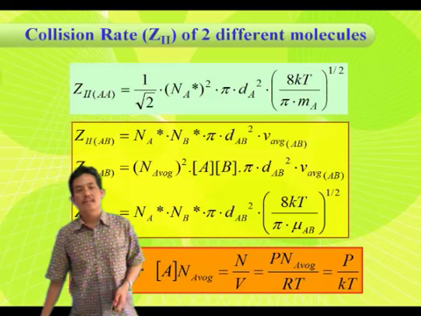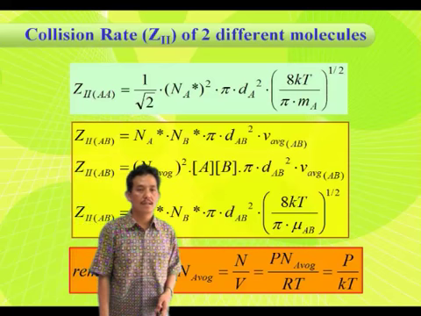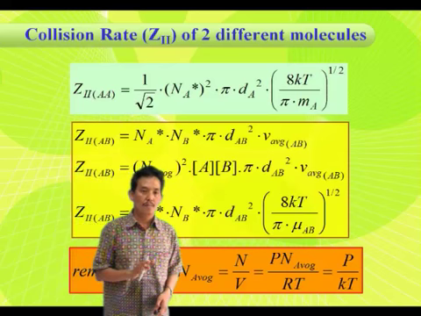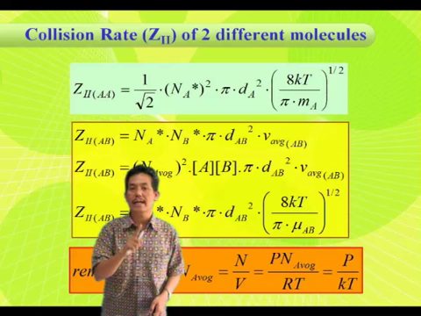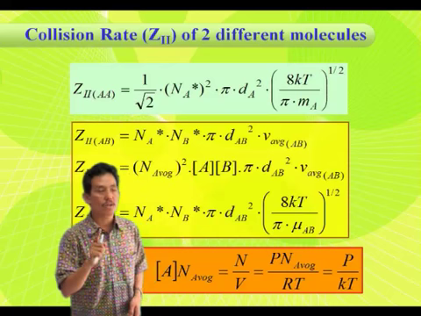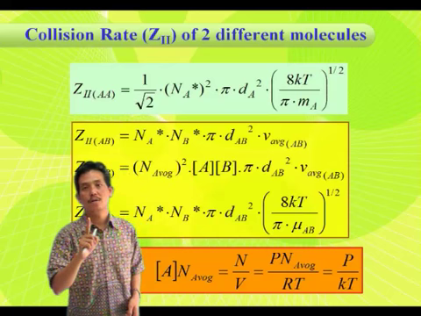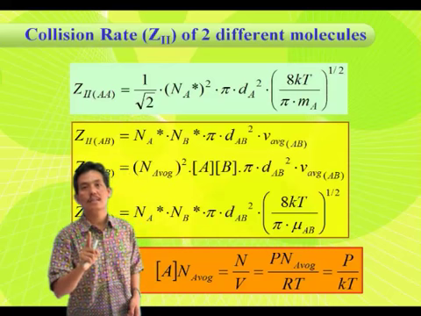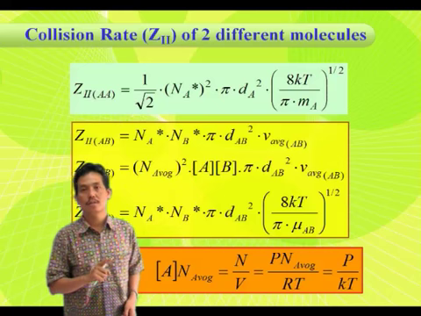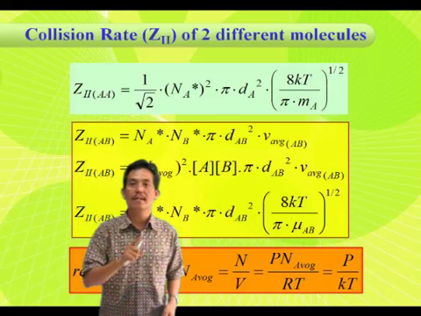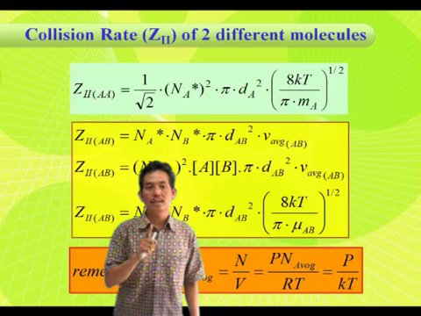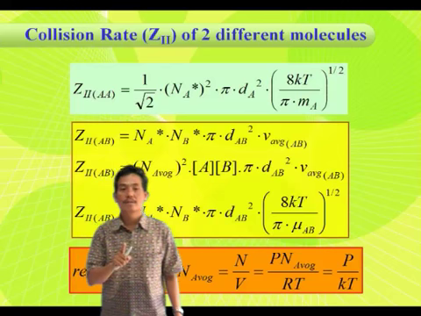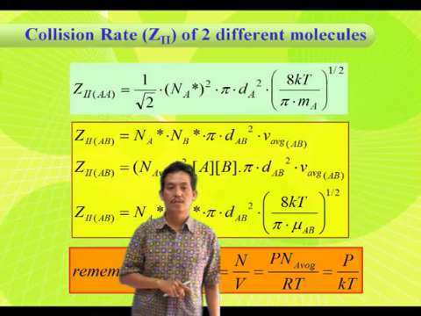After we have counted the collision rate of the same molecules, imagine A with A, but in the container we may have not only one kind of gas molecule, maybe two or more. So now we count the collision rate of different molecules.